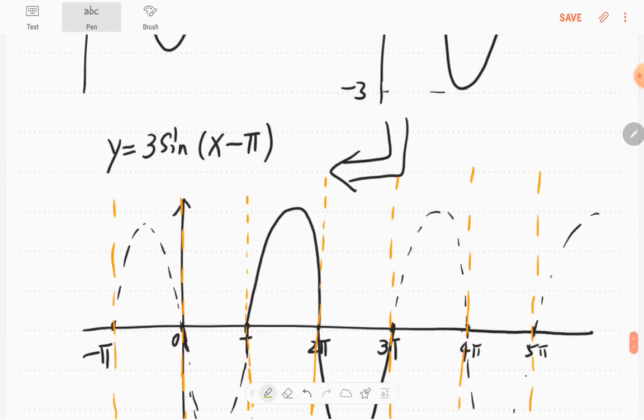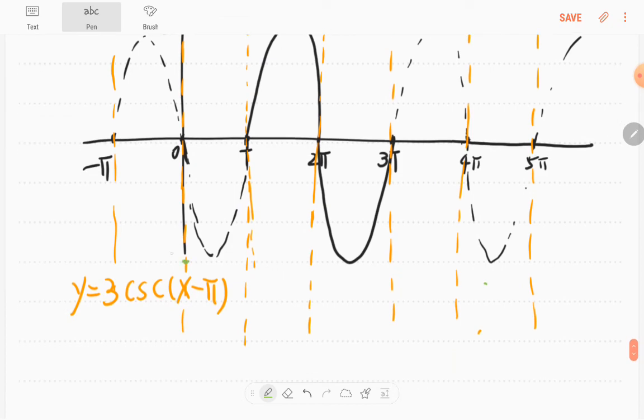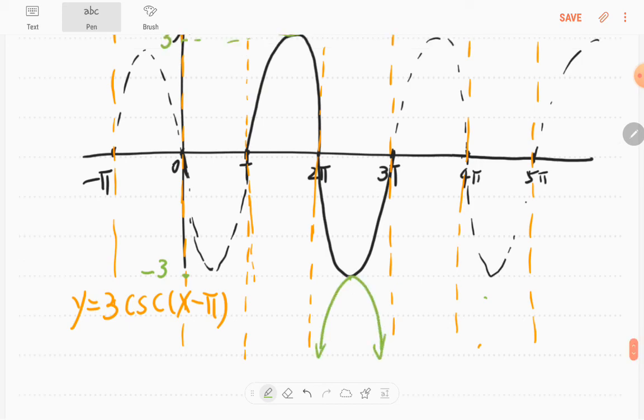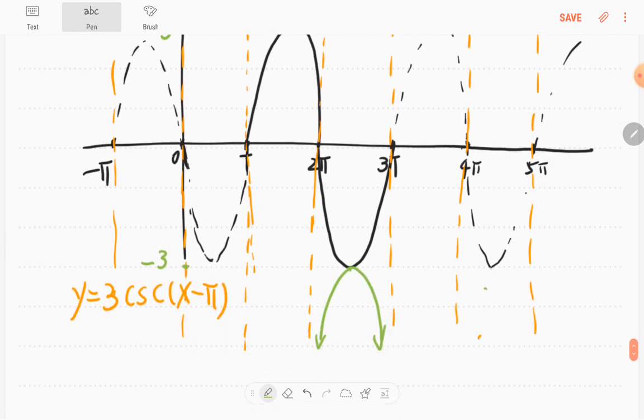So the graph would be, here is 3 and here is negative 3, this one. The green curve is the graph for the cosecant.